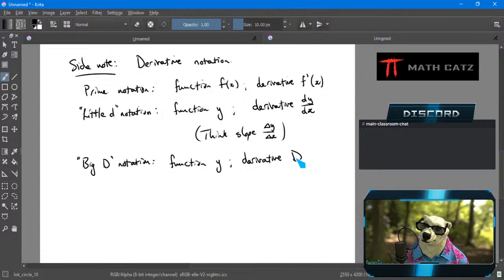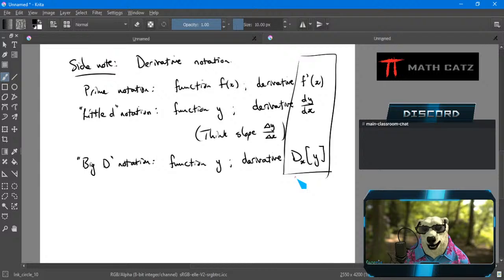I'm going to use a big D for derivative. And I'm going to say what the variable is at the bottom. And then I'm going to put the function or its details in square brackets. All of these things are all the same. Some, we'll see in time, are just more convenient than others.